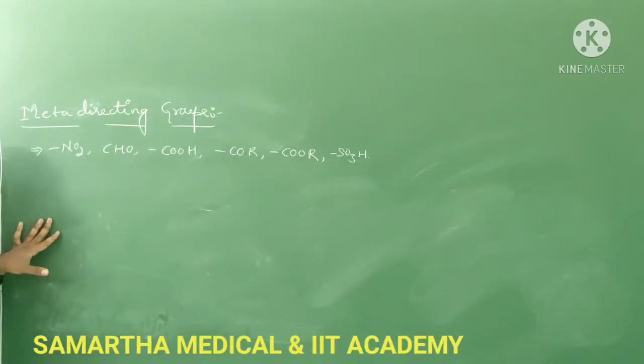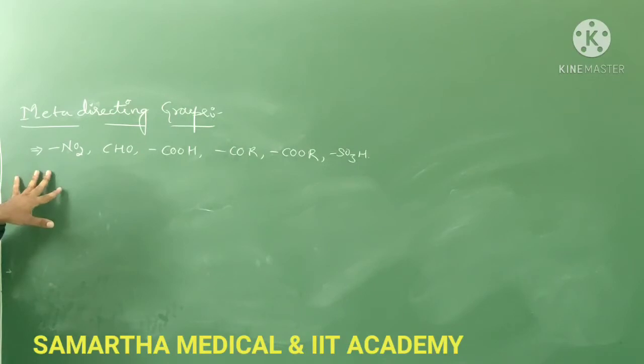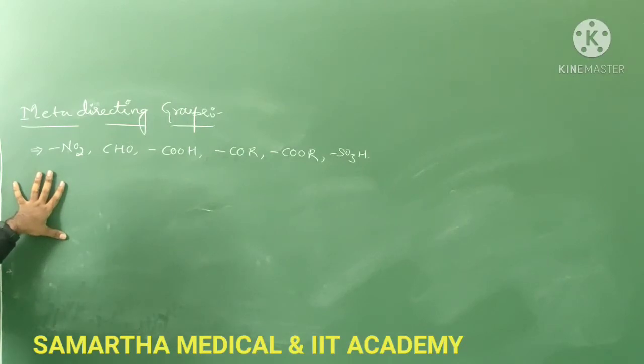So if any one of these groups is present in a particular ring, the existing group directs the incoming group to the meta position. Why? Because if any one of these groups is present in the ring, the electron density is maximum at the meta position.